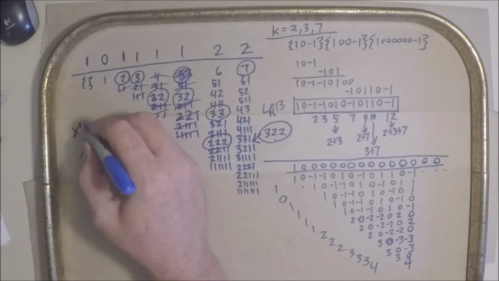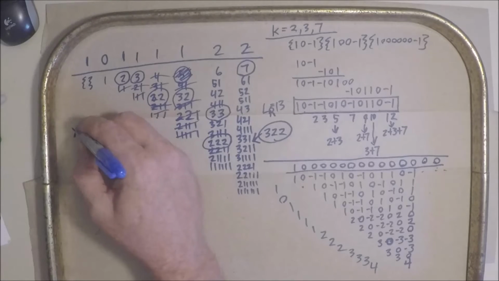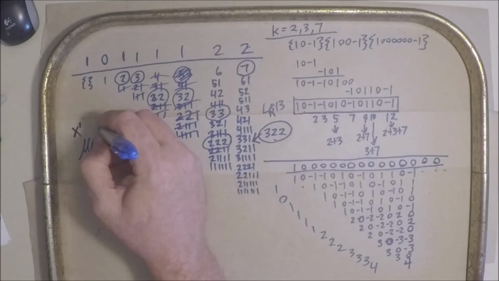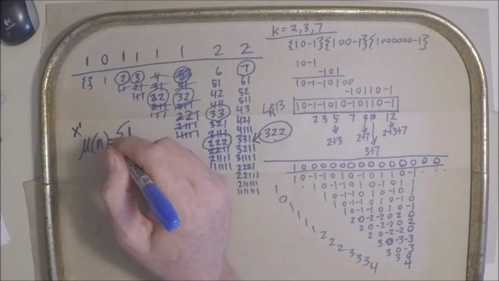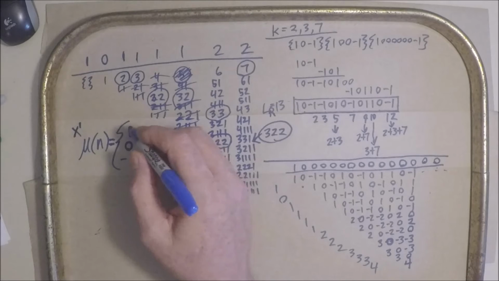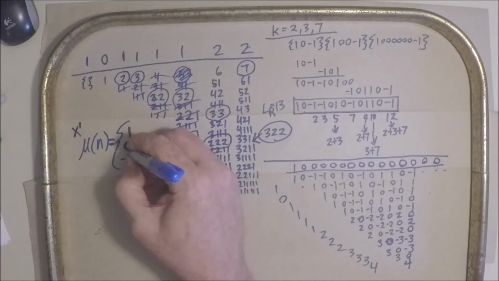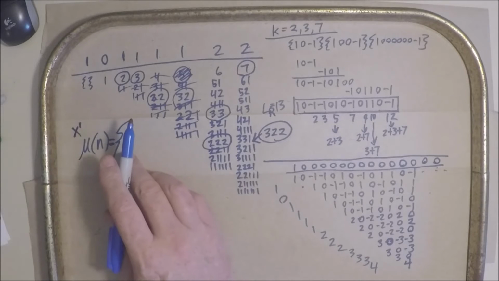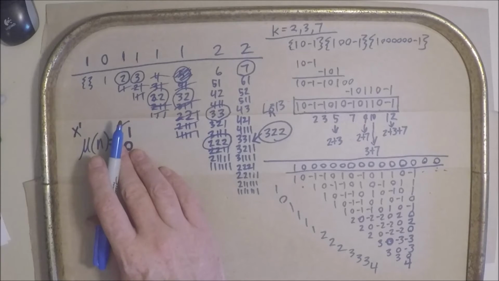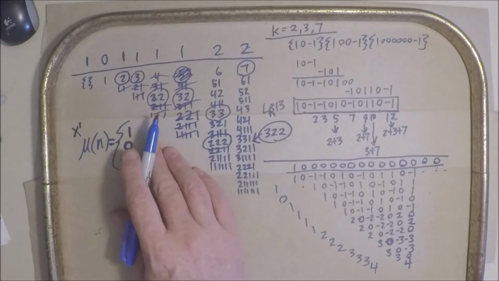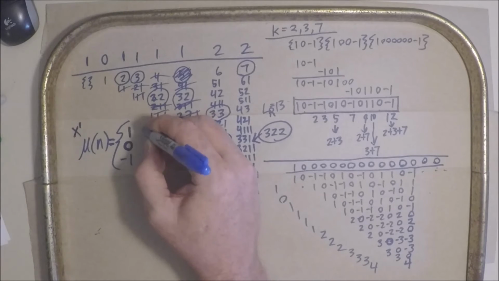A square free number has no repeated prime factors. So if it has any repeated prime factors, it's going to be 0, and if it has an even number of prime factors, then it's going to be equal to 1.